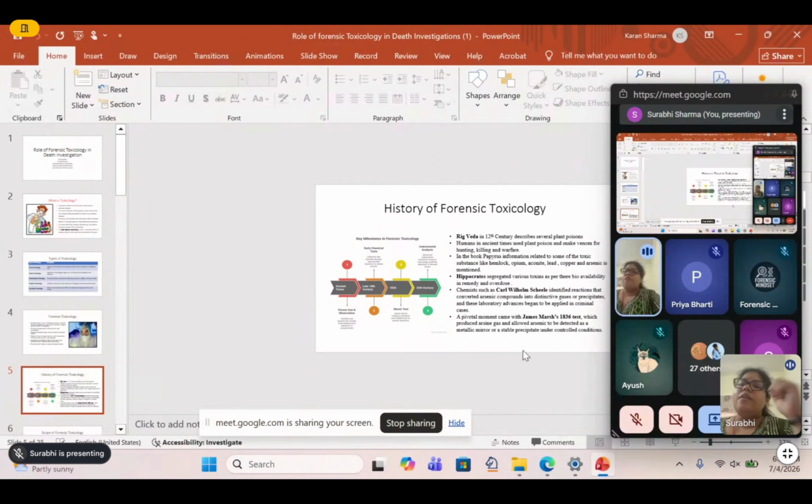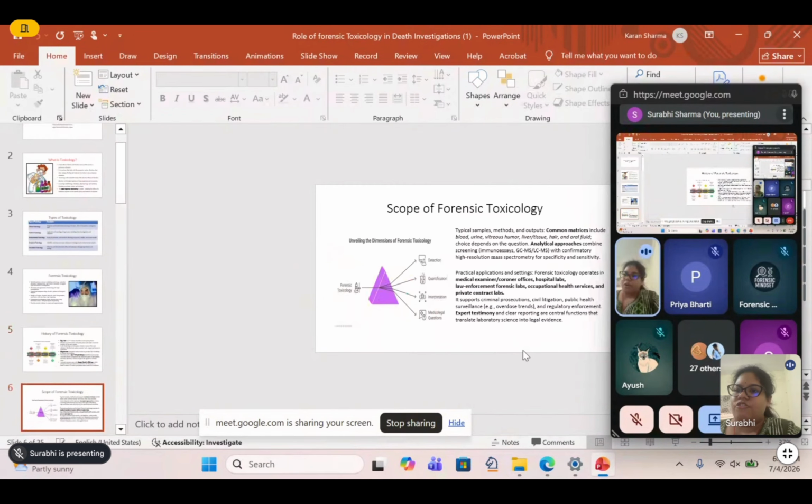And then one of our scientists, because of whom we perform heavy metal analysis also, is James Marsh. You all must have studied about the Marsh test, which is used for heavy metal analysis, because of this particular scientist only, who worked on arsenic and detected it as a metallic mirror or stable precipitate under controlled conditions.